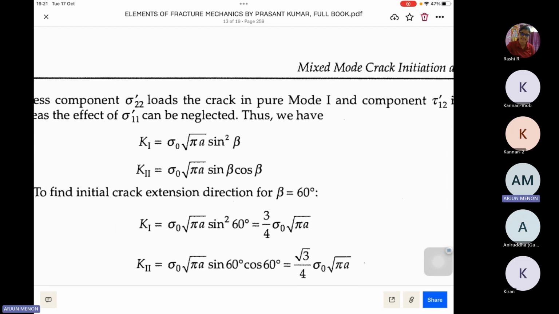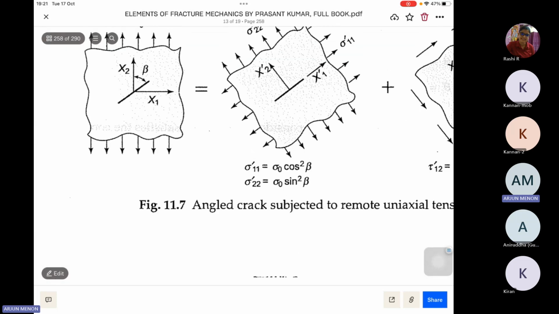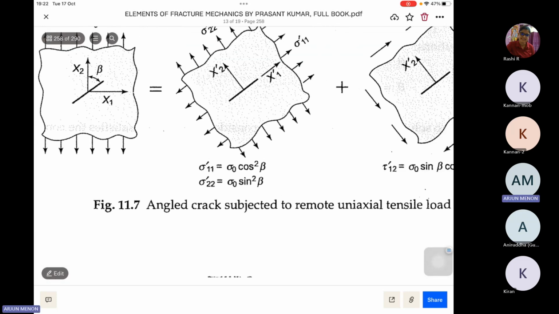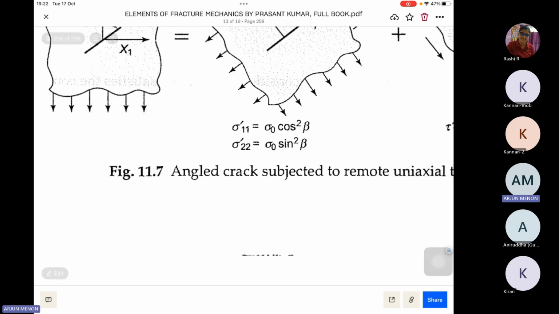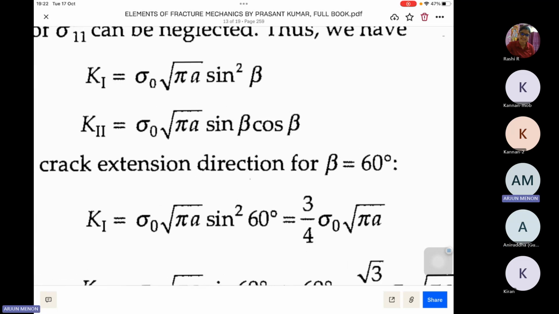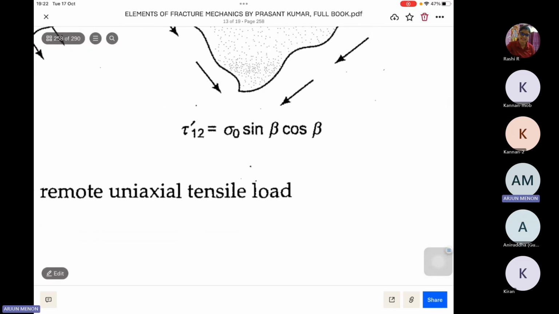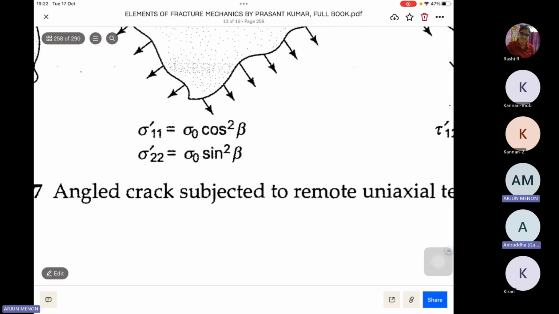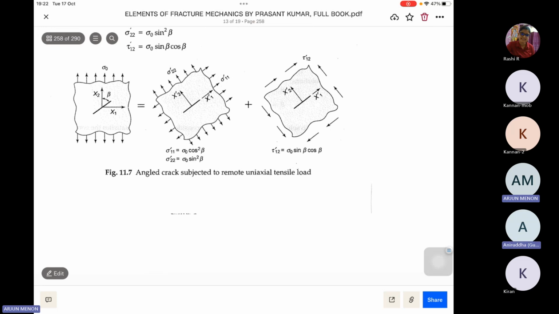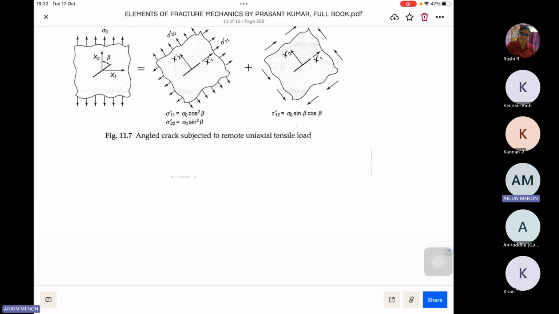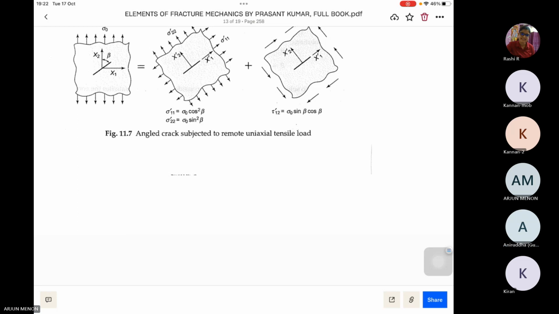Basically K1 is nothing but sigma naught sine square beta, which is sigma prime 2. And for K2, sigma naught sine beta cos beta is nothing but the shear stress tau 12. So although sigma 11 is there, it is not used in our stress intensity factor calculation.